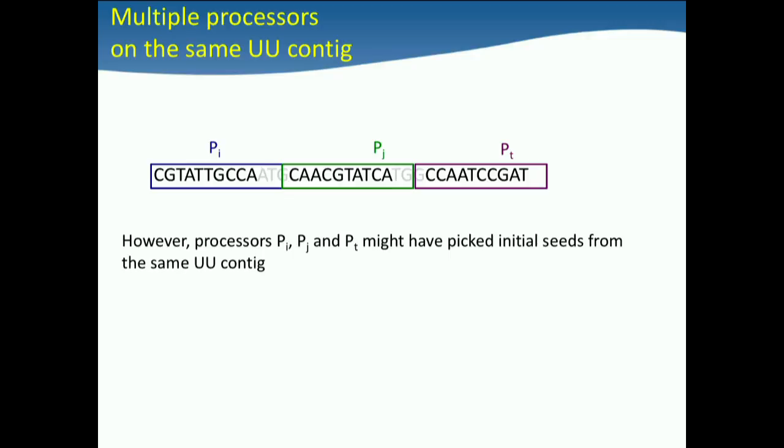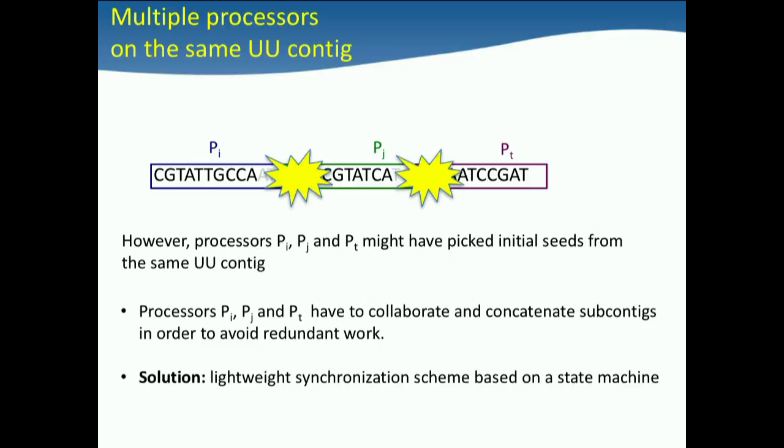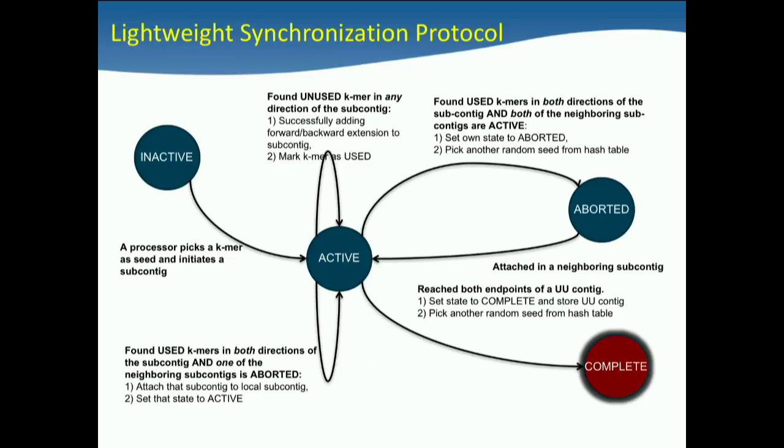So instead, there is a slightly sophisticated scheme. You basically attach the subcontig your conflicting processors have so far generated to your own, and that can be done in practice.